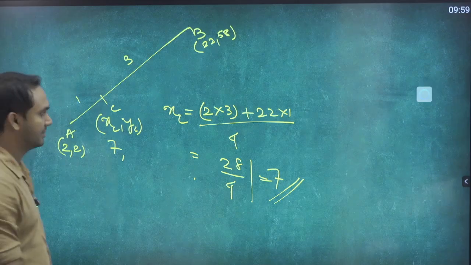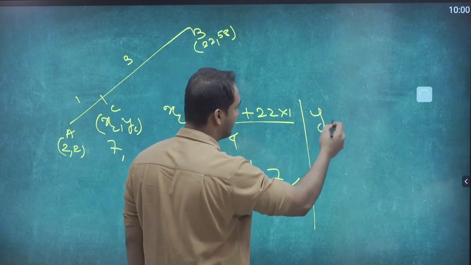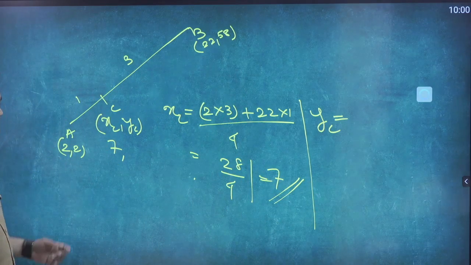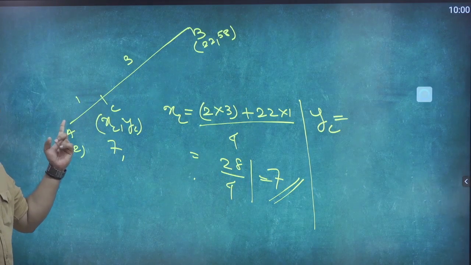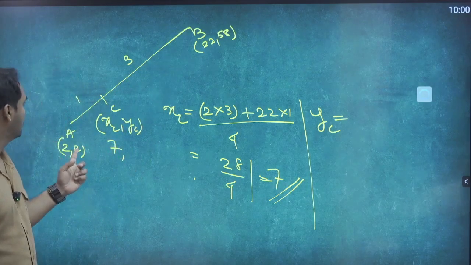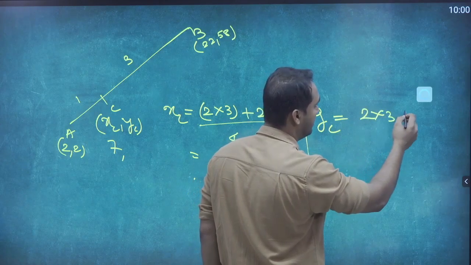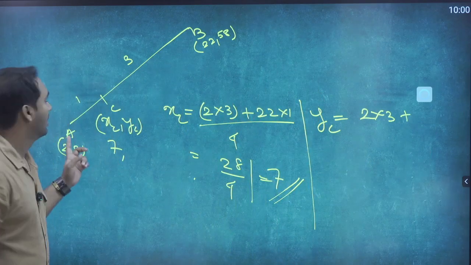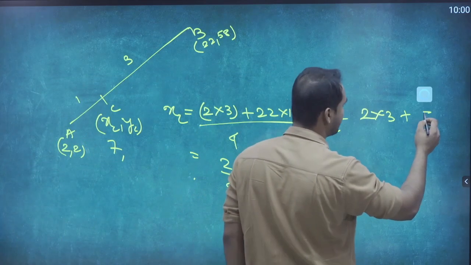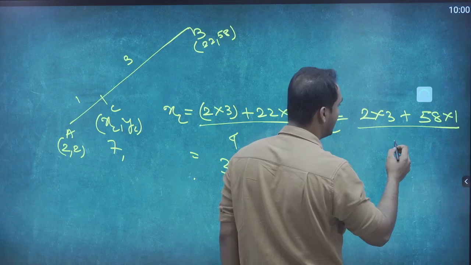We'll do the yC as well, for the practice. Now how do you find the yC? You multiply by the cross values. So 2 multiplied by 3 plus 58 multiplied by 1, and the whole thing divided by 4.